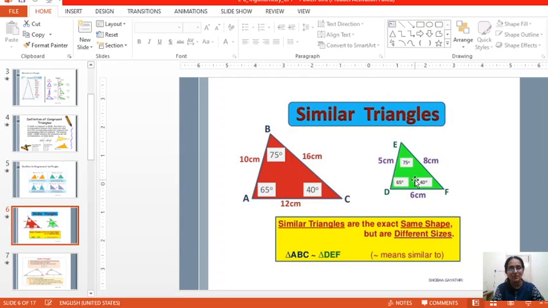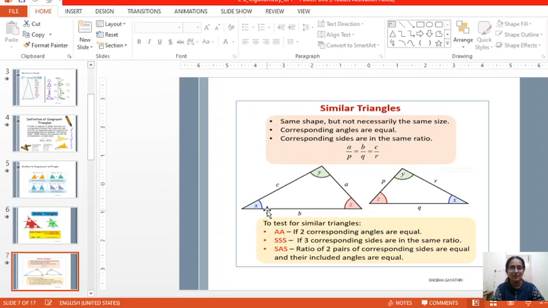So shape depends upon the measure of angles, right? Such triangles are known as similar triangles. We will go a little bit deeper. Similar triangles are of the same shape, but not necessarily the same size. They can also be of the same size.